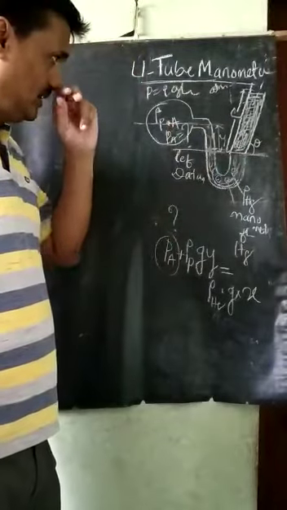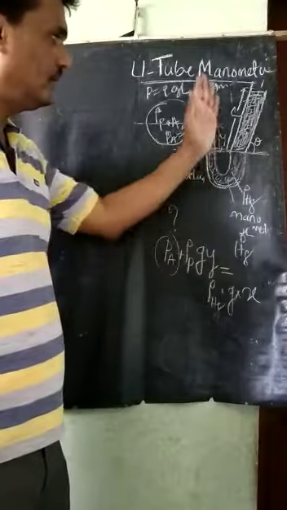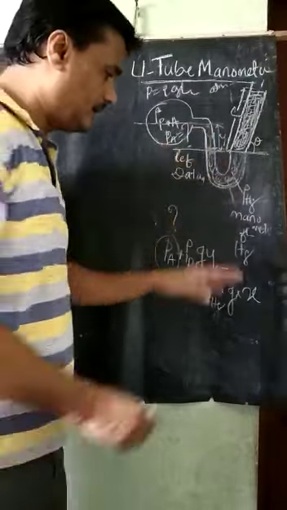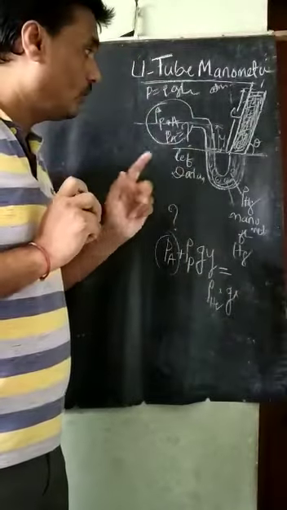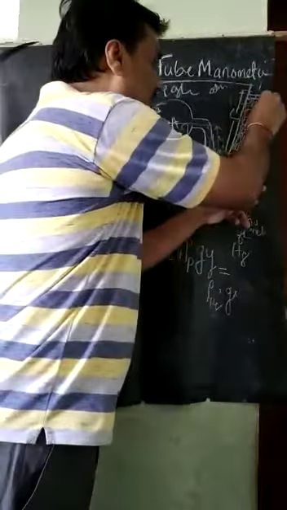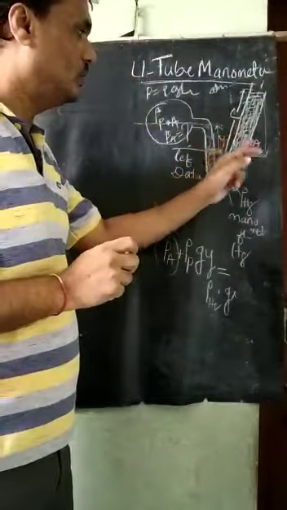So instead of writing x, which is used when it is vertical, now it is inclined. Everything else is the same. Only we need to write the vertical height, which is L into sine theta.